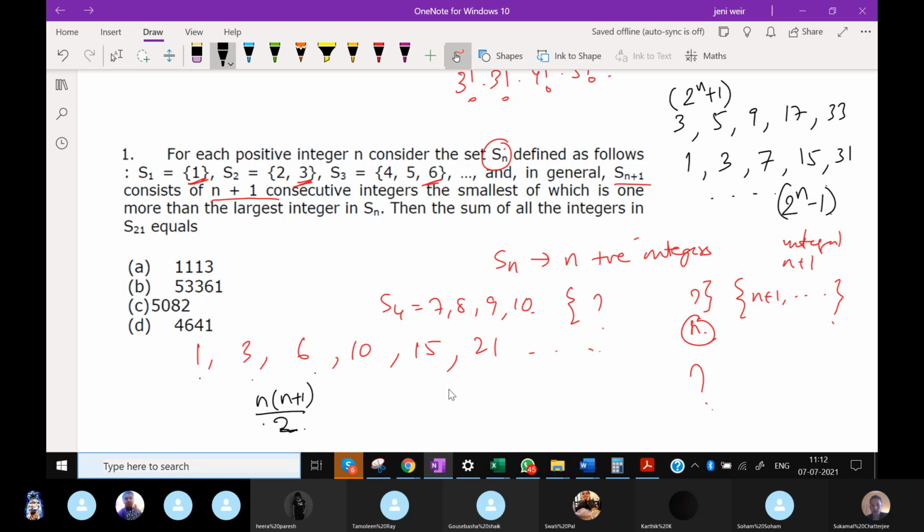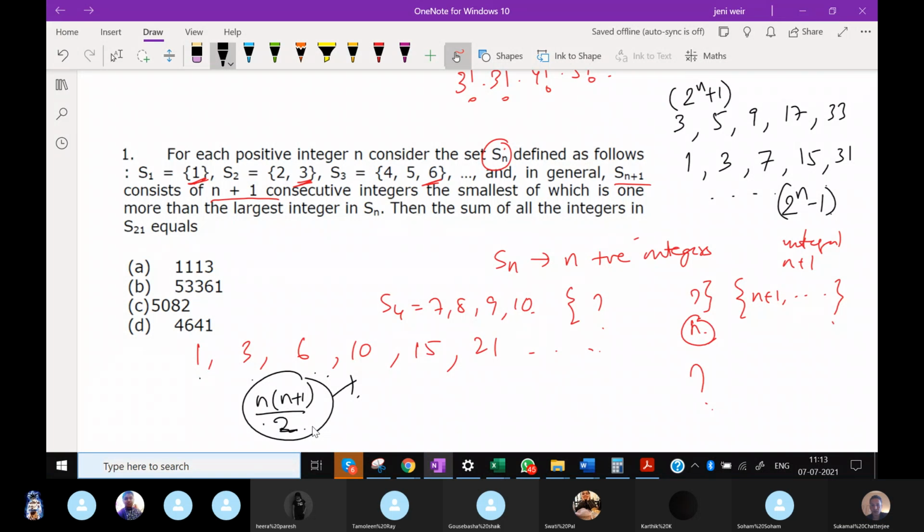So this is a standard series which you should be familiar with. So if you look at each of the sets, the last digit of the set is this number. So that means the last digit of set Sn will be n into n plus 1 by 2.